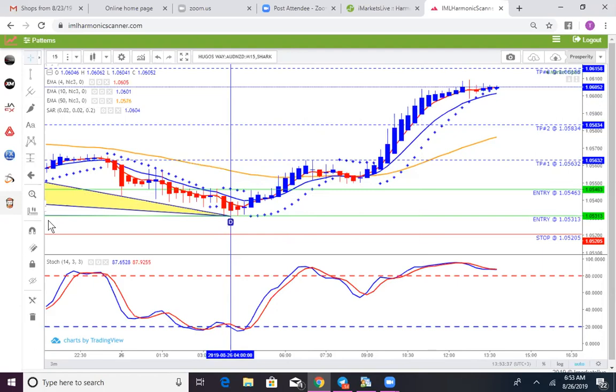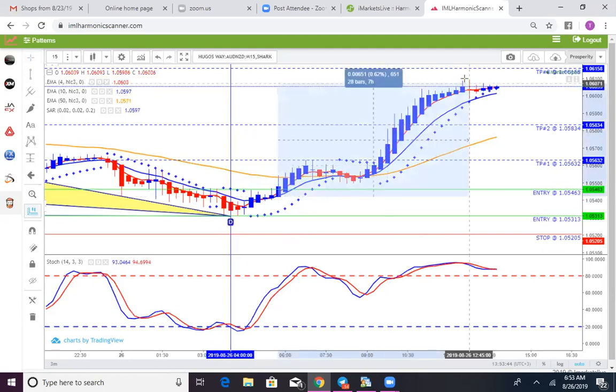So we would have gotten in here, 66 pips. Who's mad at 66 pips with a strategy to follow to get you into this trade? I know I'm not at all.